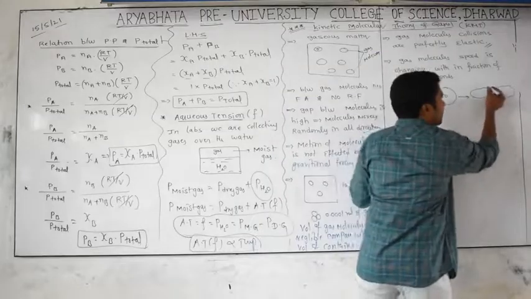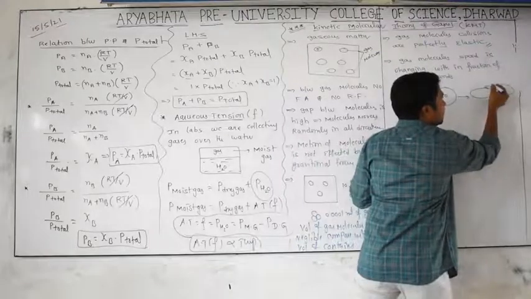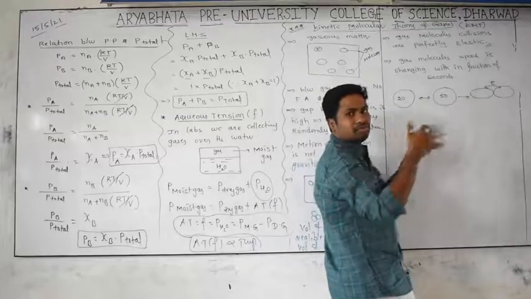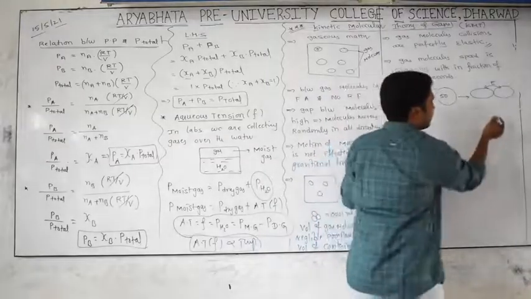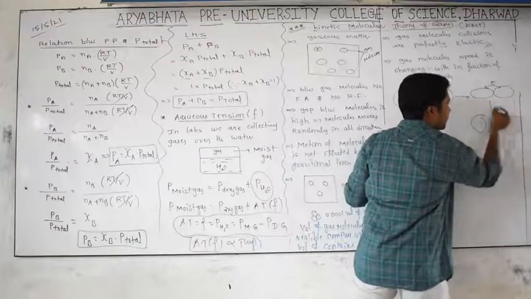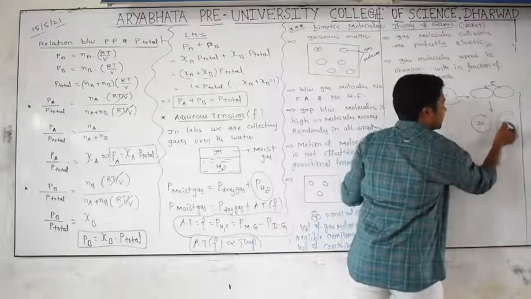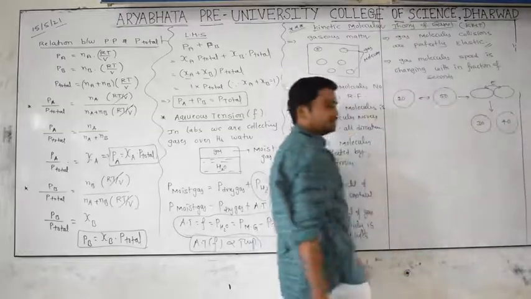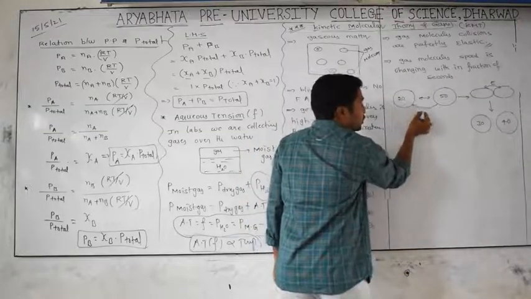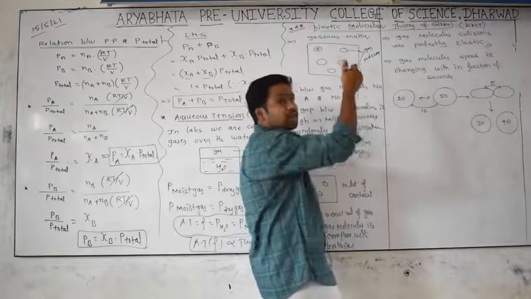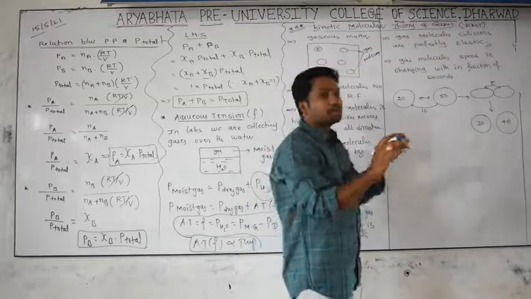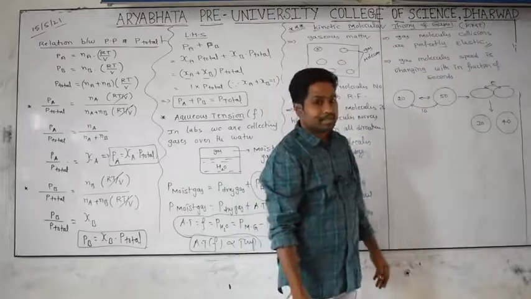After collision, energy is exchanged between the molecules; someone gains, someone loses. Finally we get same-shaped molecules, but this becomes 30 and this becomes 40. So 10 kilojoules of energy is transferred from this molecule to that one. These types of collisions are called perfectly elastic.